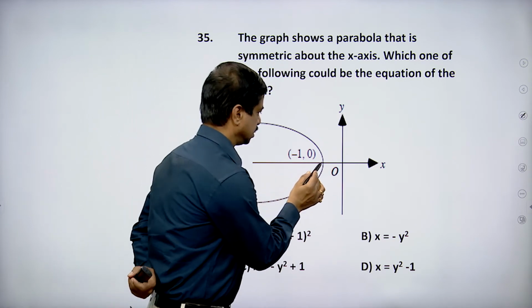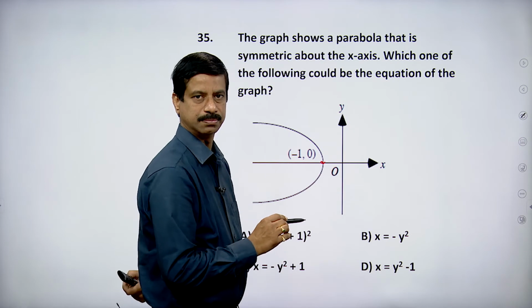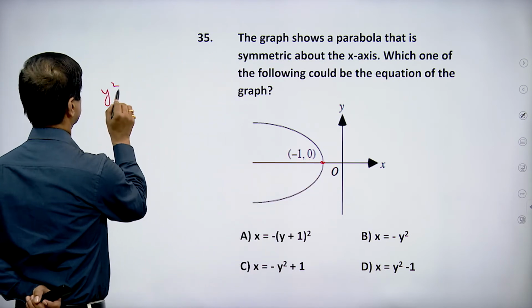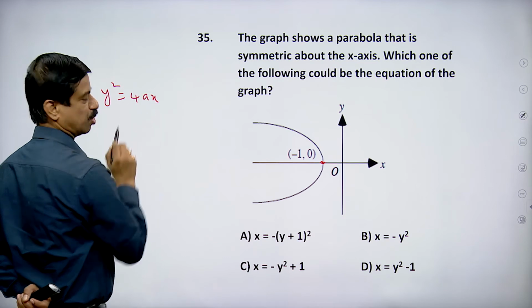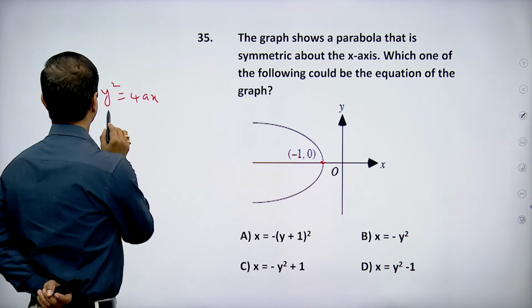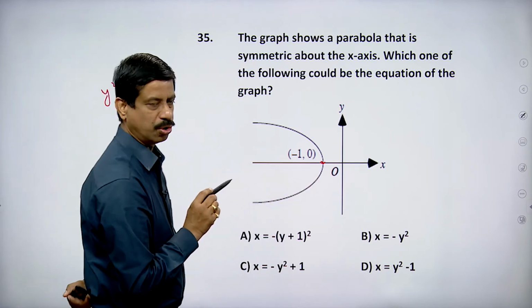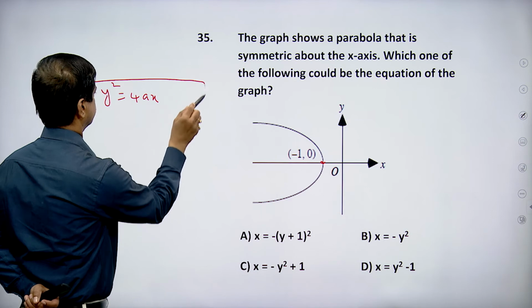See, this is the vertex. This is of the form y square equal to 4ax, parabola. Generally, when the vertex is 0 comma 0, this will be the equation.